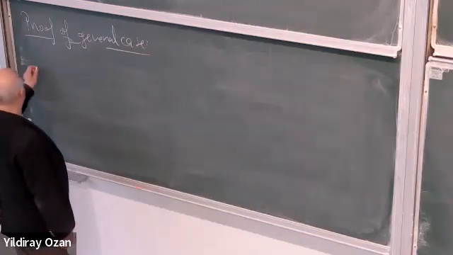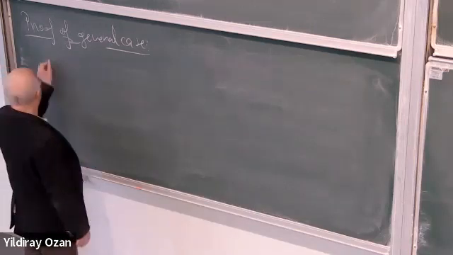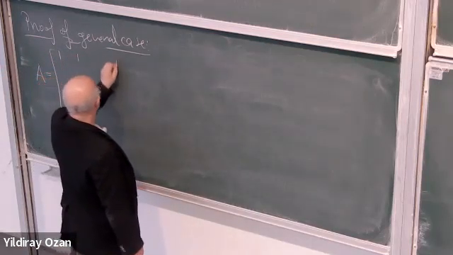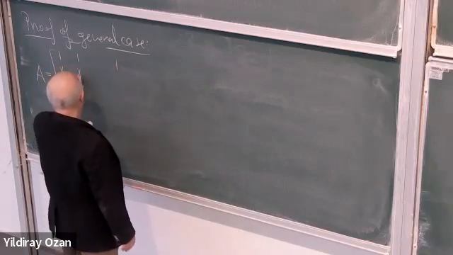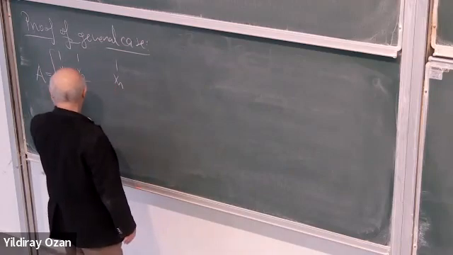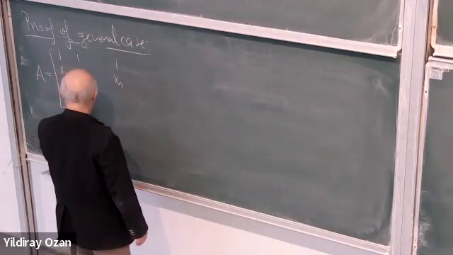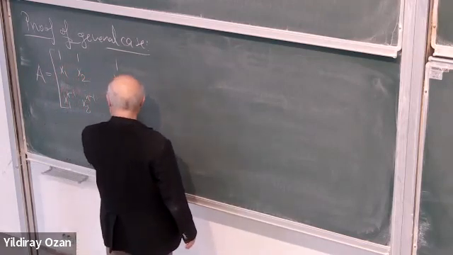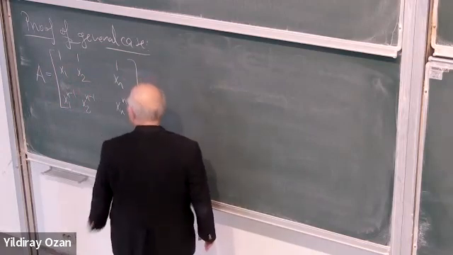The idea is the following. So let me rewrite this matrix again. x1, x2, xn, and then x1 squared and so on, x1 to the power n minus 1, x2 to the power n minus 1, xn to the power n minus 1.